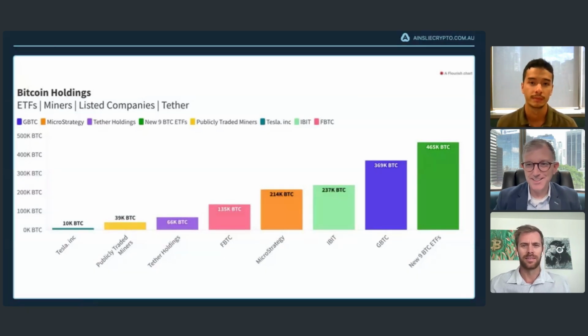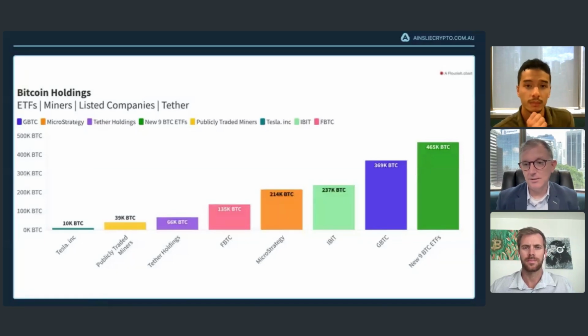In no way is it casting any shadow on his accomplishments. But in terms of the system being anti-fragile, yes, it makes more sense to not have the bulk of the Bitcoin in MicroStrategy, looking at it passively, objectively, as an observer. Yeah, I agree. Diversified holders are always better.